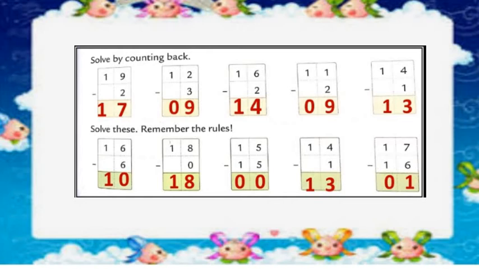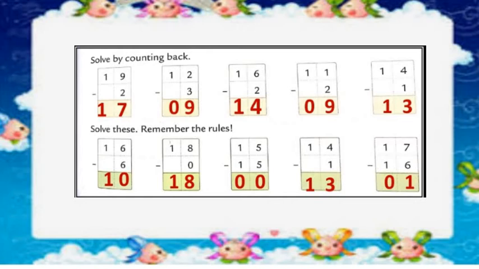We reach number 14, so it will be our answer. Write down the answer 14. 16 minus 2, we get 14. We have completed 3 sums.